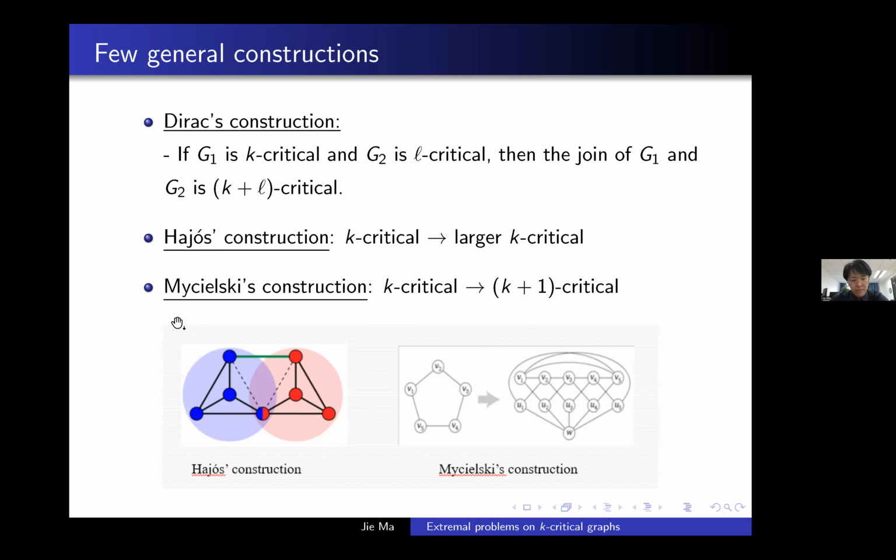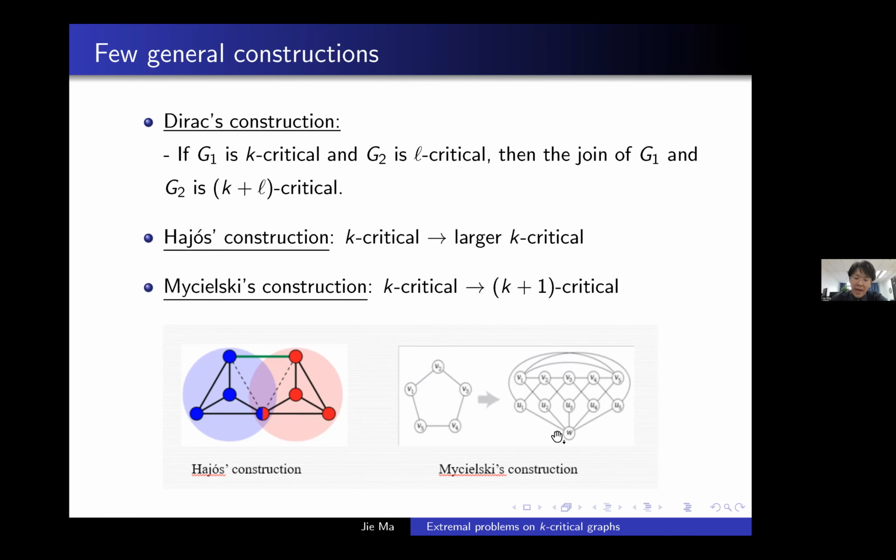The Mycielski construction tells us that if we are given a graph G, for example here is a C5, we take G and then copy the vertex set. Let's call the original V1 to V5, and here U1 to U5. If in the original graph V1 and V2 are adjacent, now I put an edge between U1 and V2, and also an edge between V1 and U2.